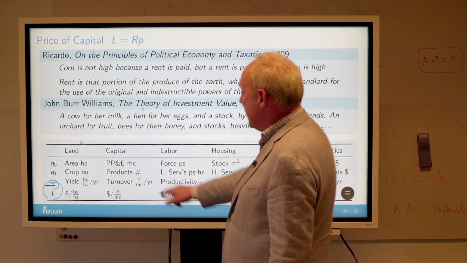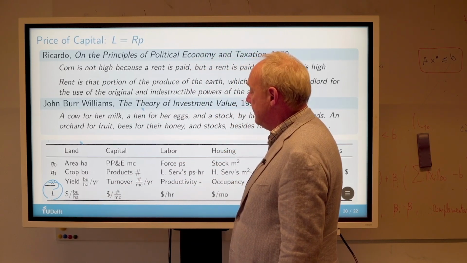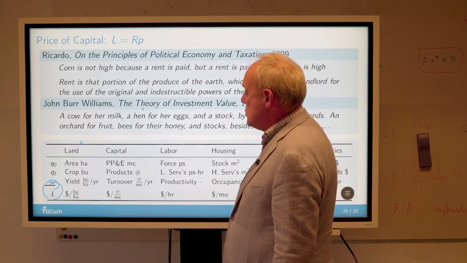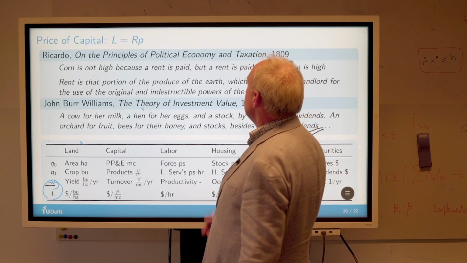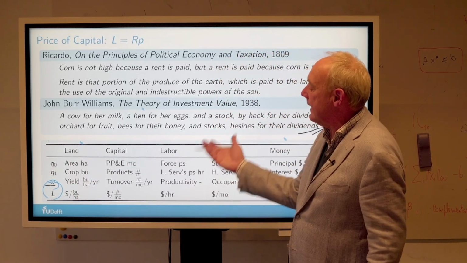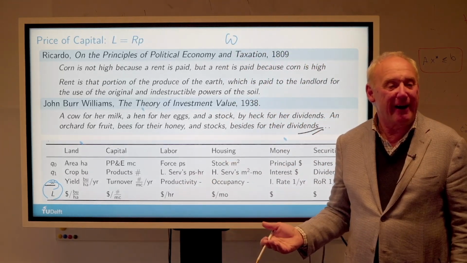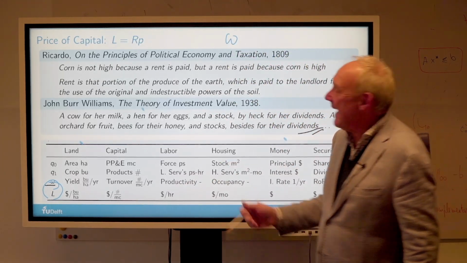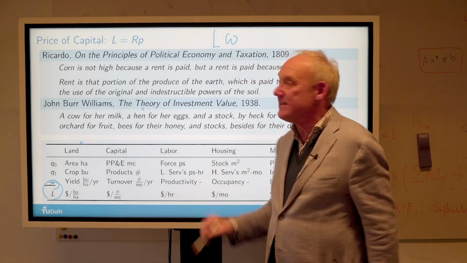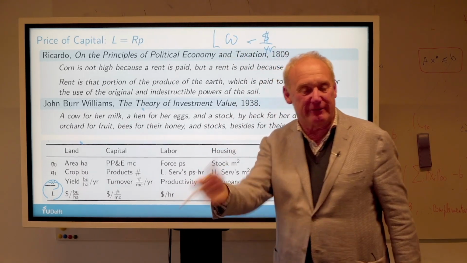So if you work it out, you'll see what you need. There are different ways of working this out, but the way I always do it is I know what the units of the yield are. And I know that the price times the yield must be some kind of value flow.